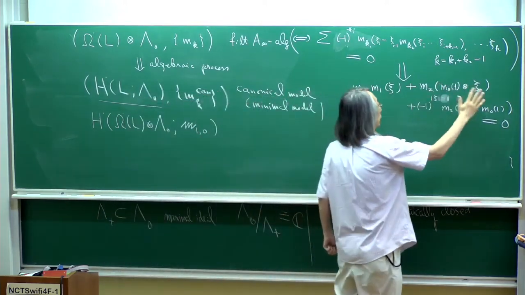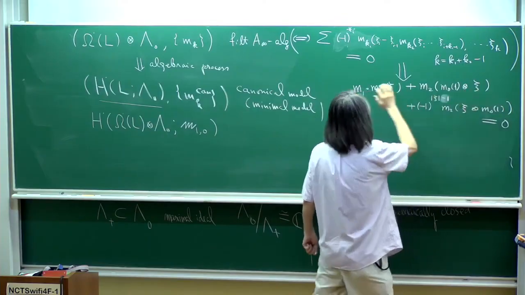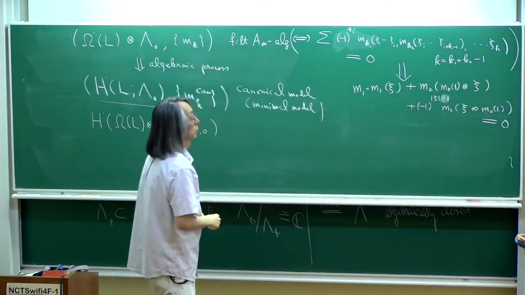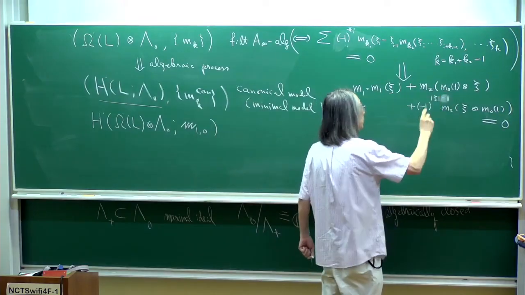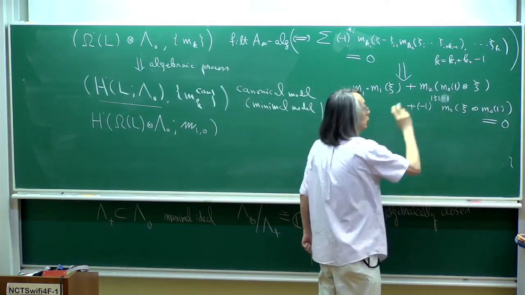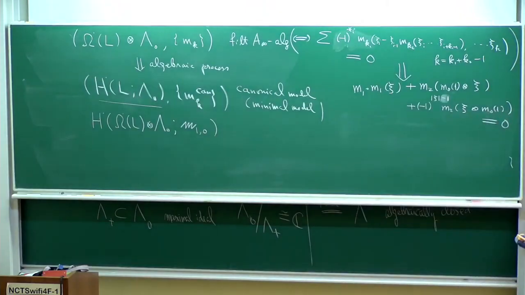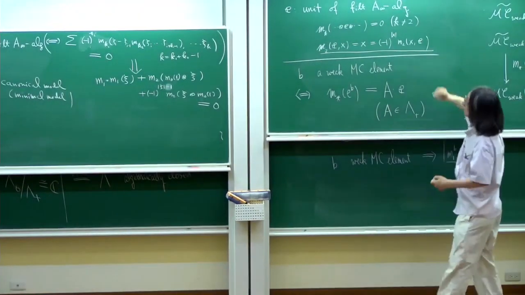Certainly, if M0^B vanishes, then M1 squared is equal to 0. But even if M0^B is non-zero, if it is proportional to the unit, then we have this.